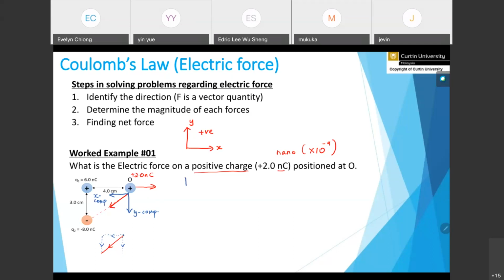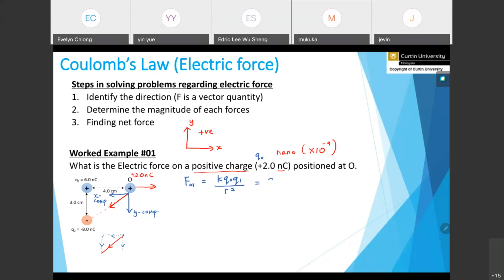We are talking about the positive charge at position O due to Q1 or due to Q2. Let's say I'm assuming this one is QO. So due to Q1, divided by R squared.